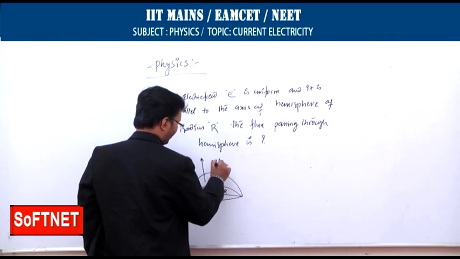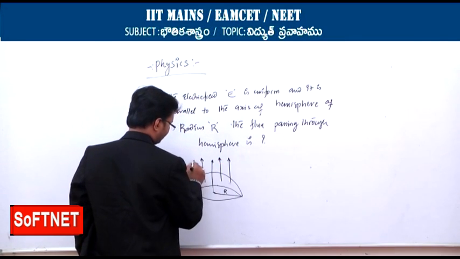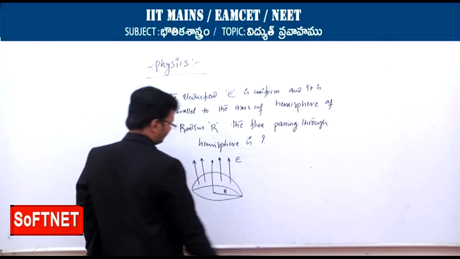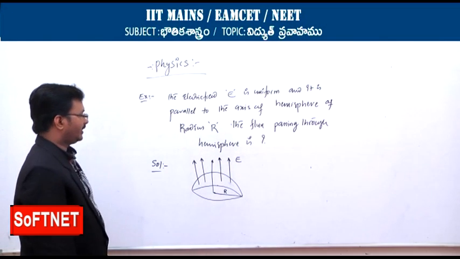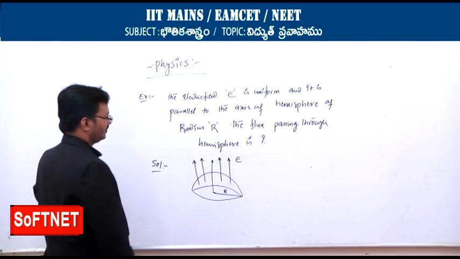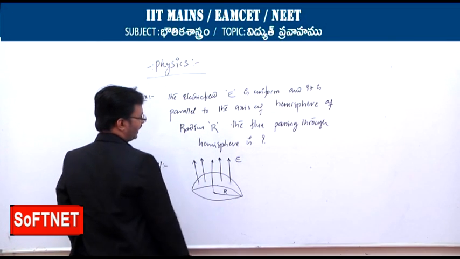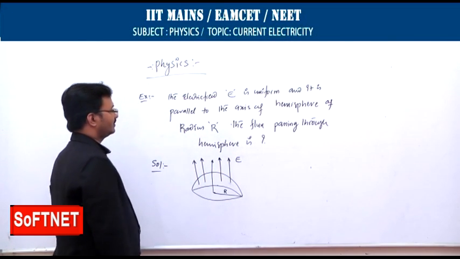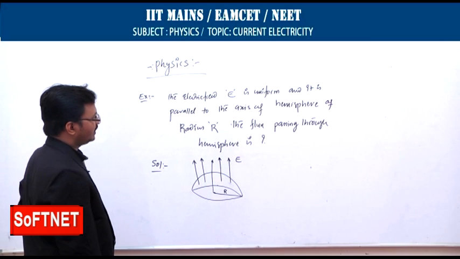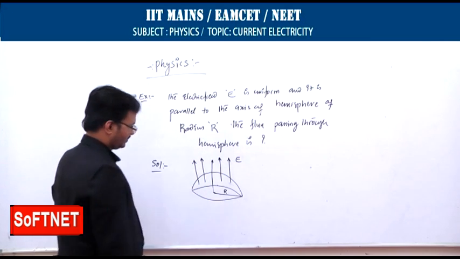This is the electric field. Clear? The electric field is parallel to the axis of the hemisphere. Now, the flux passing through the hemisphere we need to find out.